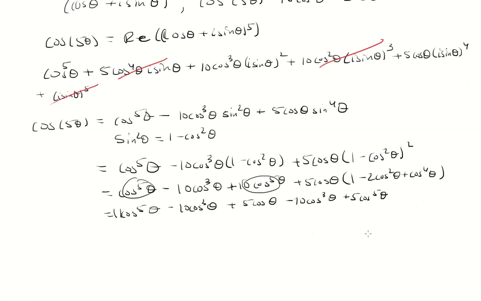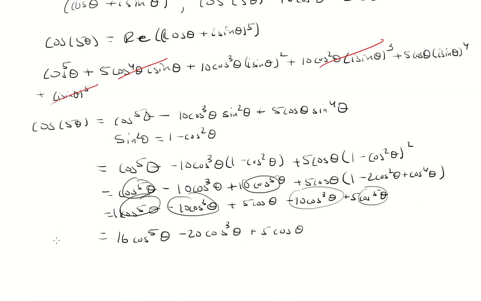And so we can add the 11 cosine to the fifth with the 5 cosine to the fifth to get 16 cosine to the fifth. And then we have negative 10 cosine cubed, negative 10 cosine cubed, that's negative 20 cosine cubed, plus 5 cosine theta. And so we were able to show that this holds.